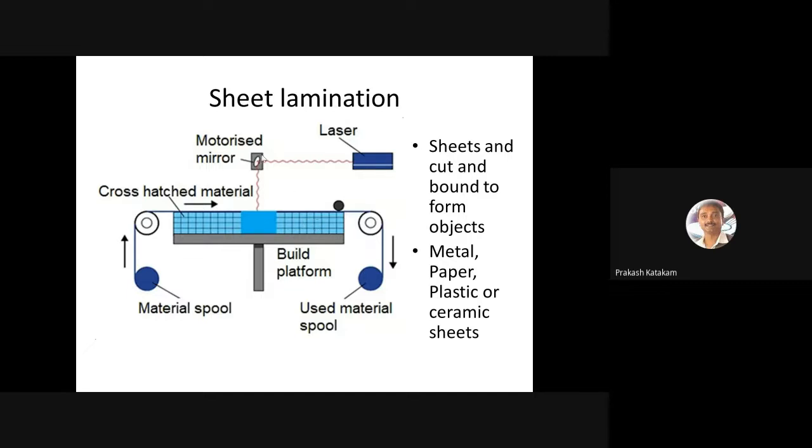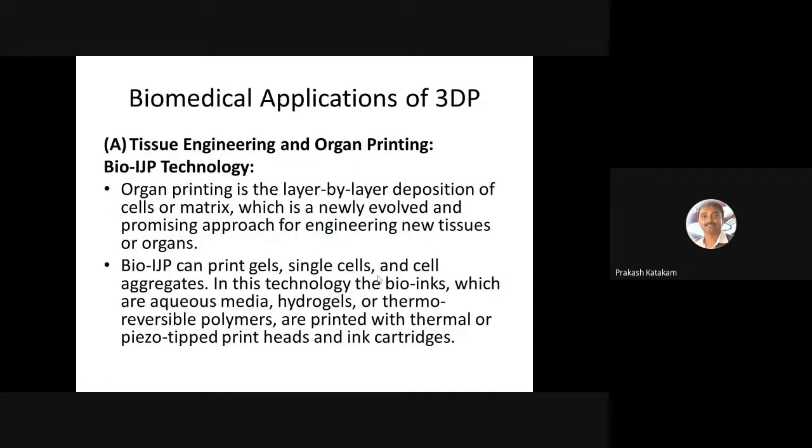If it is a plastic material, they apply heat. Then after that, the used sheet will come to the next end, and it will be wound onto another spool. So these are the various technologies as per the classification of the American Society for Testing of Materials.